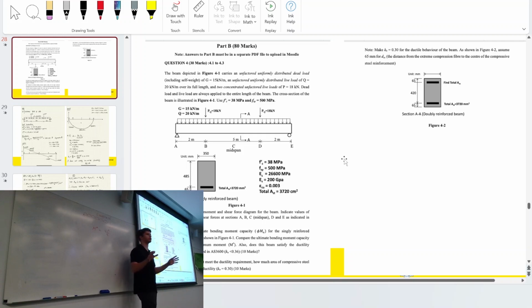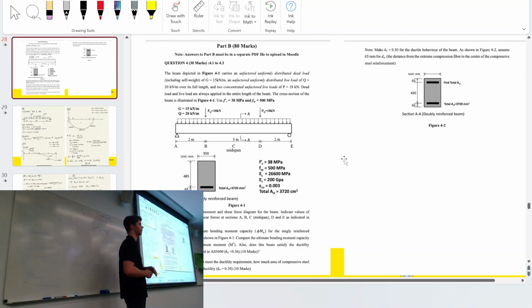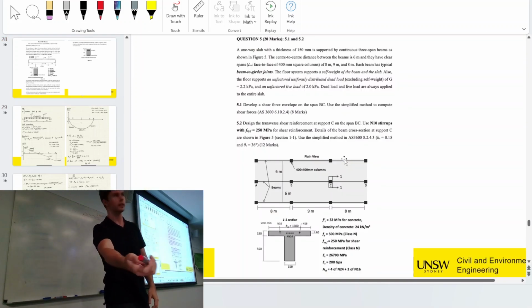Understanding the concept behind it is a lot more important than having the notes. The other way around is a lot harder. But if you understand what's going on, the notes will be a breeze. It's just a step-by-step process. So that's bending, the first calc question.